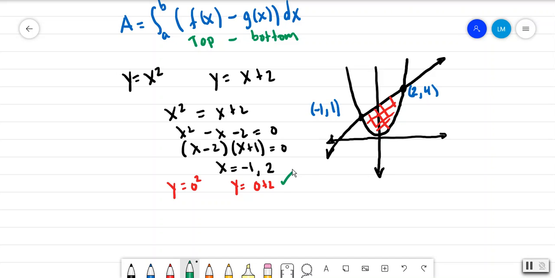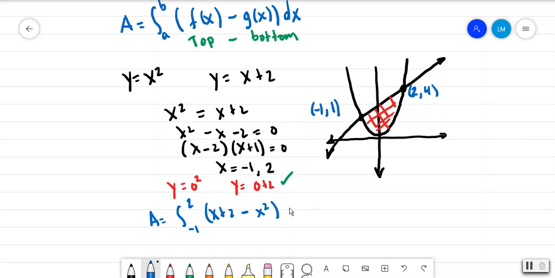So x plus 2 is the one on top, and we would do x plus 2 minus x squared. That's exactly what we would do. We would say the area is equal to the integral from -1 to 2 of x plus 2 minus x squared.